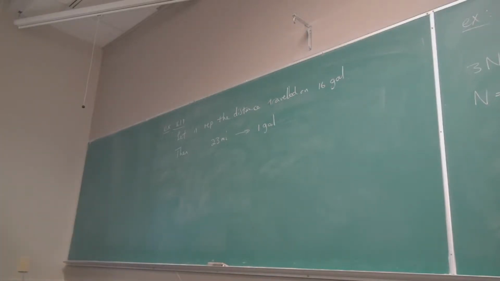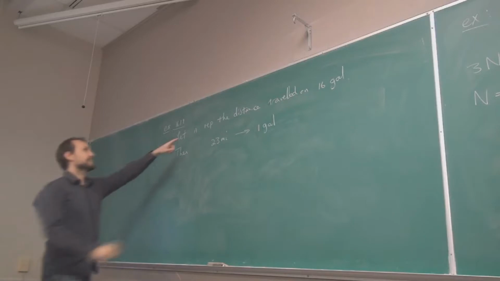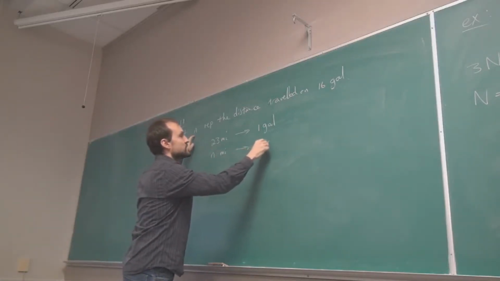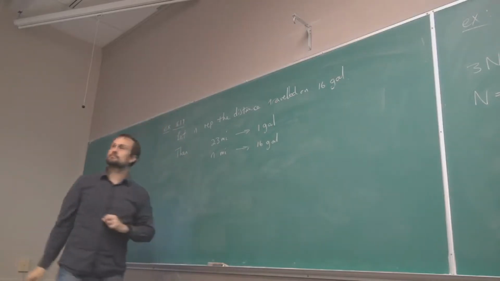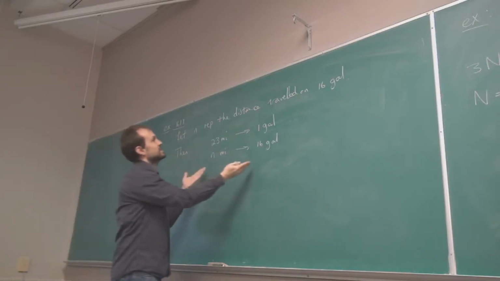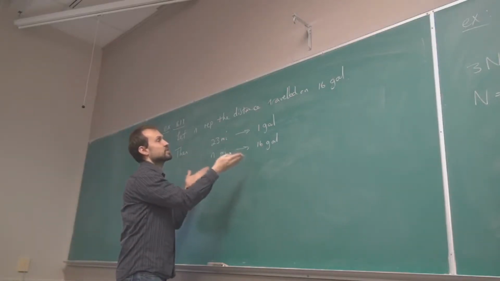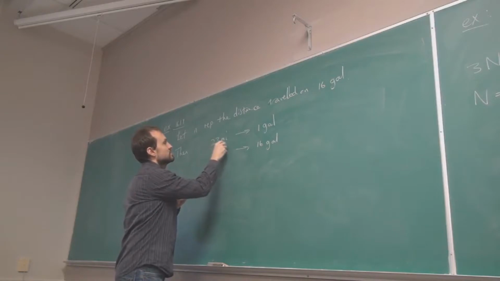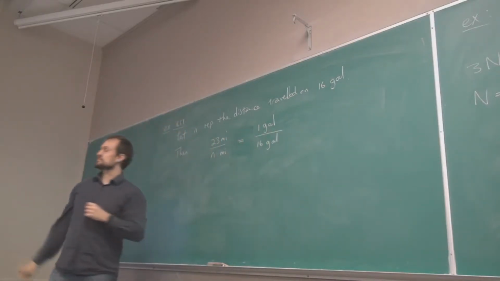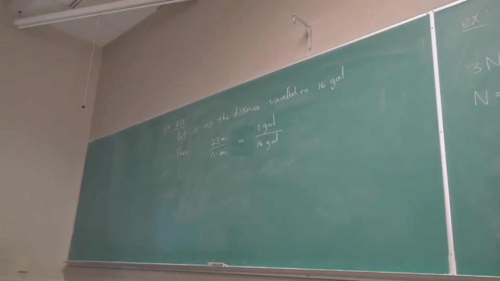How far can I go on 16? So N miles would correspond to 16 gallons. It's a proportional change. So if I write it like this, I have my ratio equation right there. Put a little fraction line in, equal sign in the middle. It'll always work.